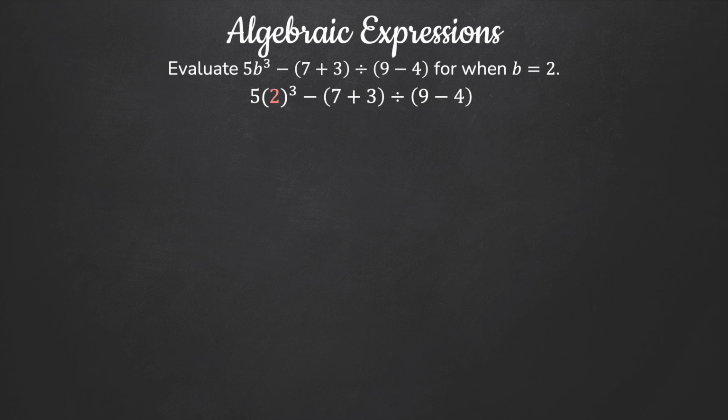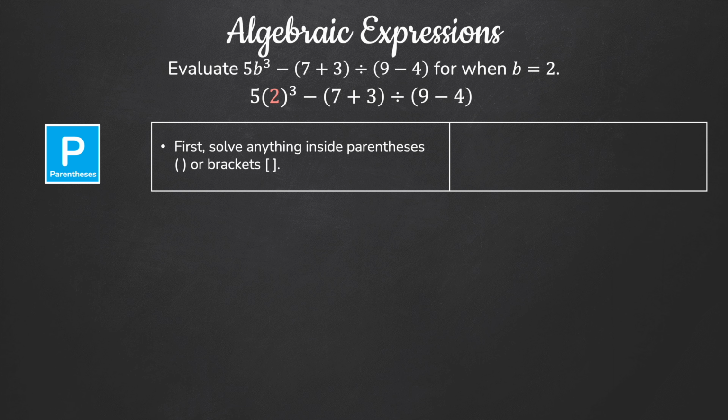So we're going to use order of operations to help us evaluate this expression, and we're going to use PEMDAS to help us. So to start us off, we have P for parentheses, and we're going to first solve anything that is inside parentheses or brackets. Here we have two sets of parentheses that have expressions worth evaluating inside.